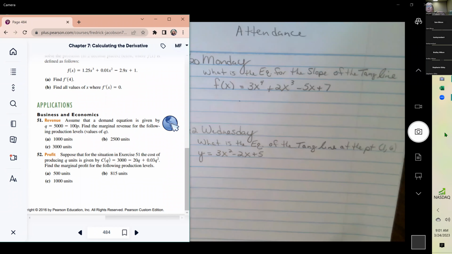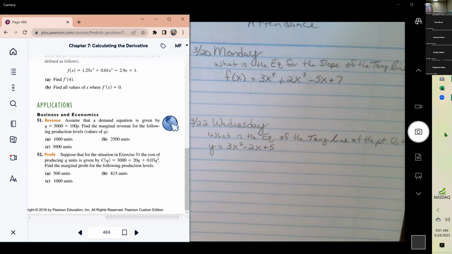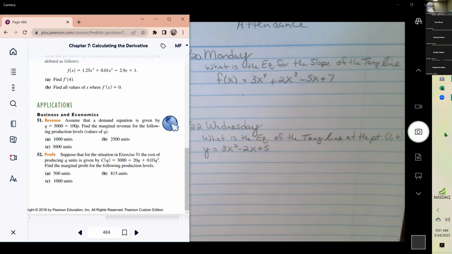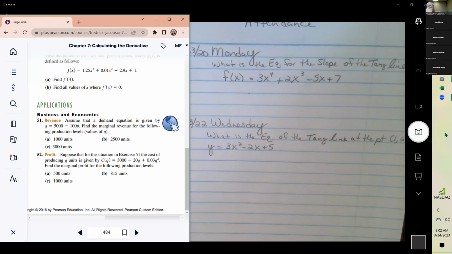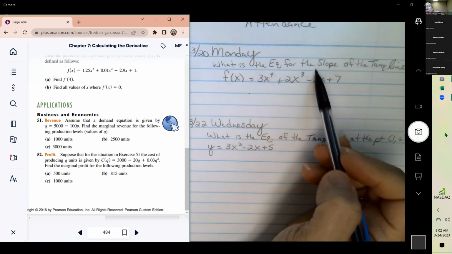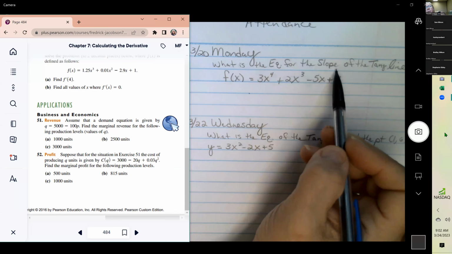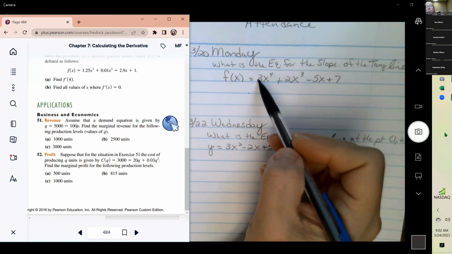Were there any questions on Monday or Wednesday's attendance? No. I had a few students with questions on this one. Simply, I think it was the wording, but remember the slope of the tangent line is just the derivative.